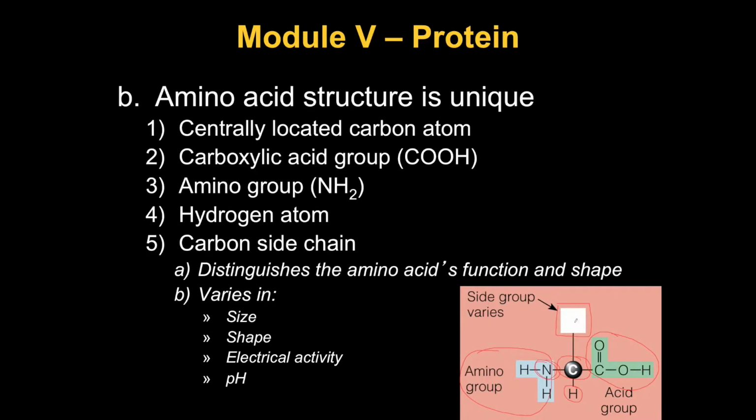So there are various structures that are going to hang off of this centrally located carbon atom, and that's what differentiates one amino acid from another. So they are going to vary in size, they'll vary in shape, in electrical activity, as well as pH, and it's the side group that confers these particular traits.